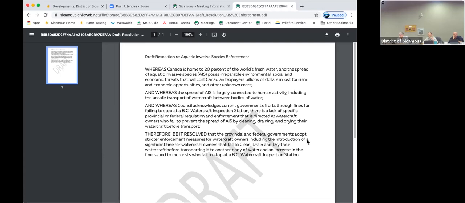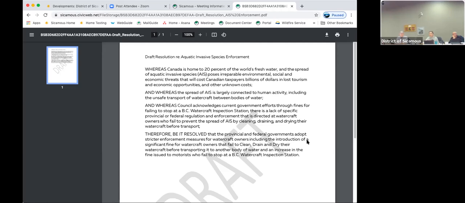So we came up with the resolution that we're presenting tonight, but I'm just going to go back to comparing throwing an empty potato chip bag out of a vehicle and getting a $1,000 littering fine, because that's the law. You throw a potato chip bag out, you get a fine. You throw a cigarette butt out, you get a fine, plus if the forest catches on fire, there's a bigger penalty.